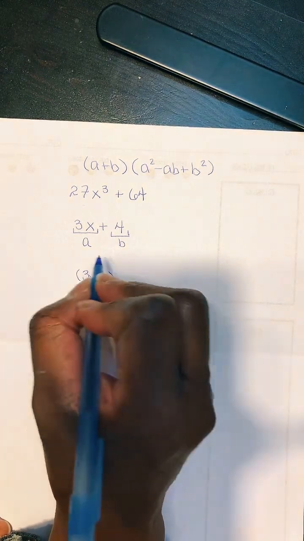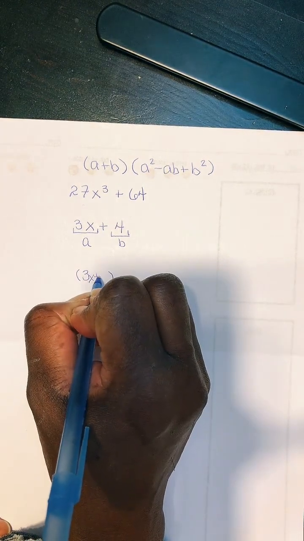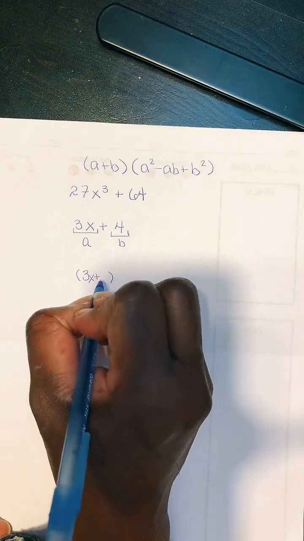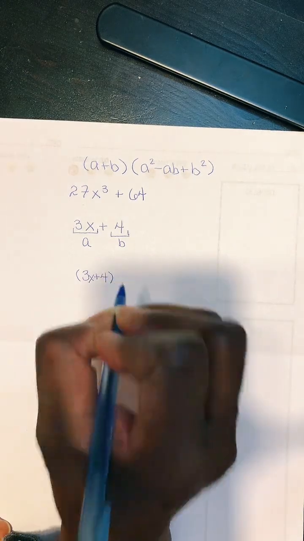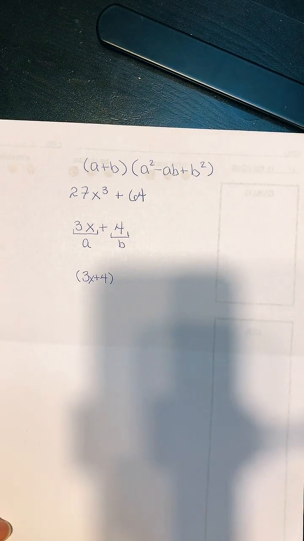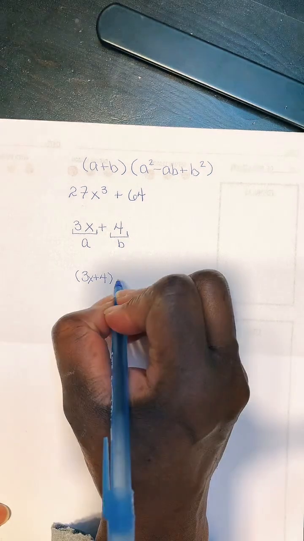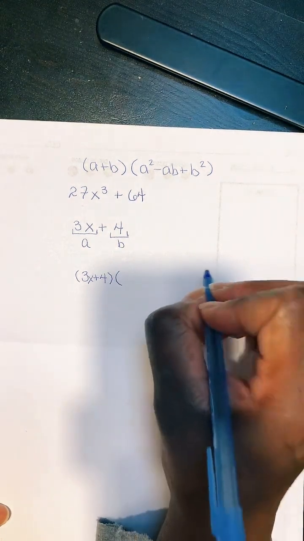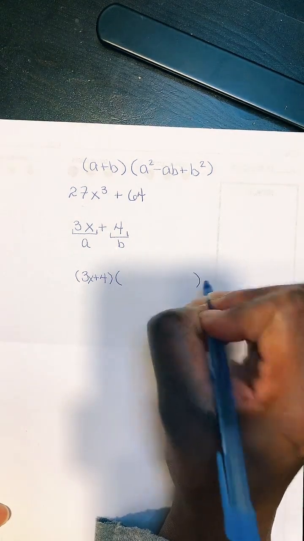That's your a. Don't forget the plus sign, some of you guys. And then your b is the 4. Yes. Okay, plus 4. There you go. So now, here's the second parenthesis.